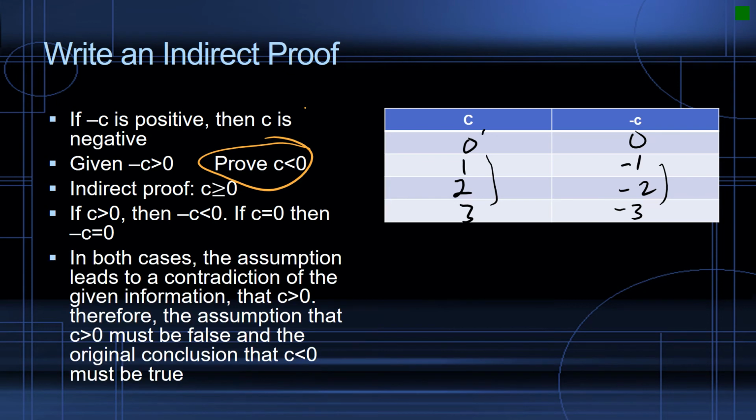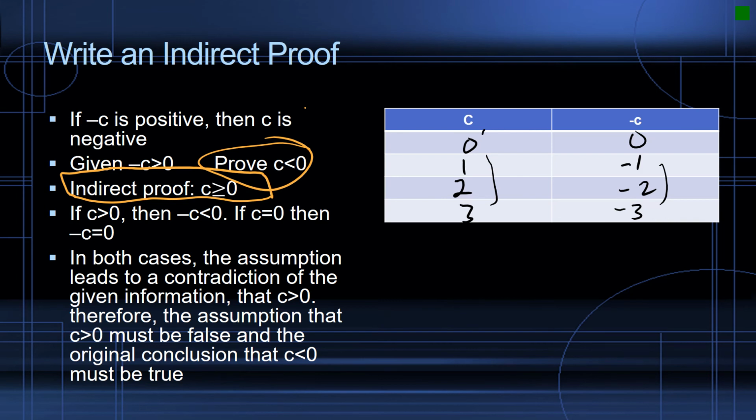So, again, in both cases, the assumption, now, where's the assumption? The indirect proof is what we're calling the assumption that c is greater than or equal to 0. Therefore, the assumption must be false.